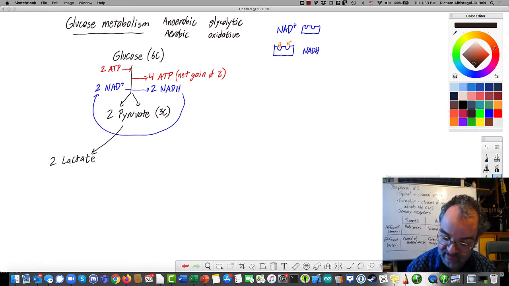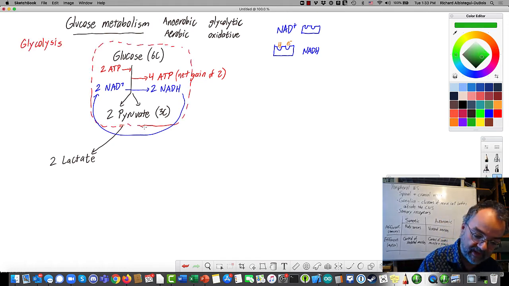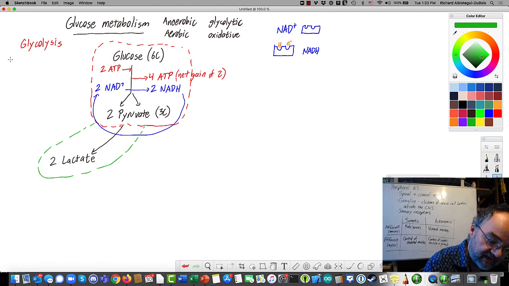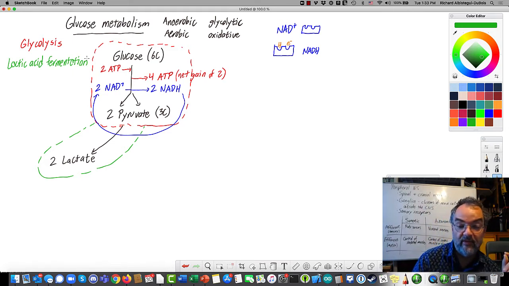And if we end up doing that, there's a name for that one too. That process, going from pyruvate to lactate, is known as lactic acid fermentation. So that is one possible thing that we can do with glucose.